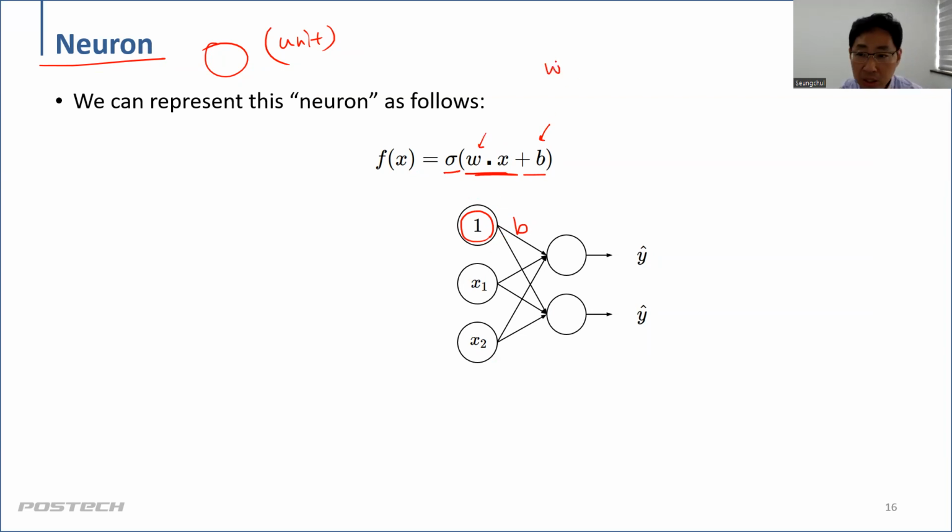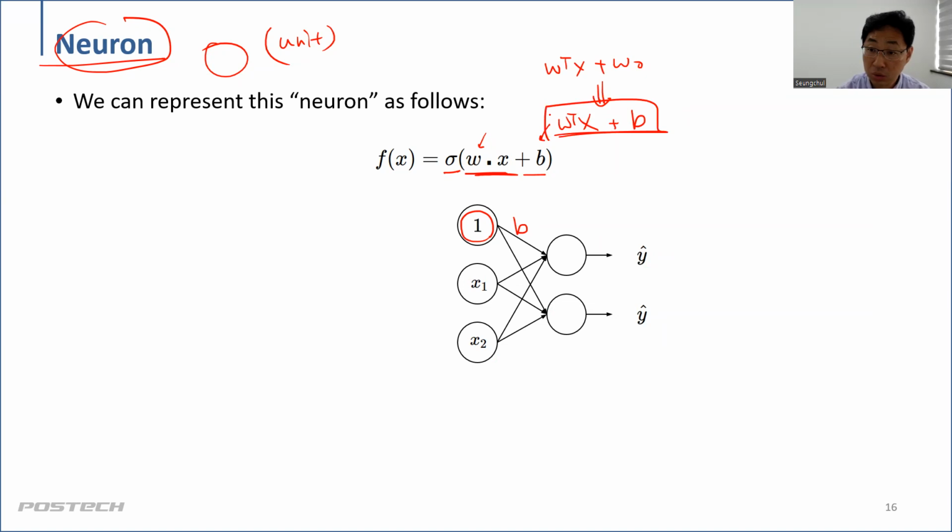Again, in machine learning and classifications, remember we had omega naught. Now in ANN or multi-layer perceptron, we slightly change the notation: b as a bias and omega transpose x. That's the notation I'm going to follow.